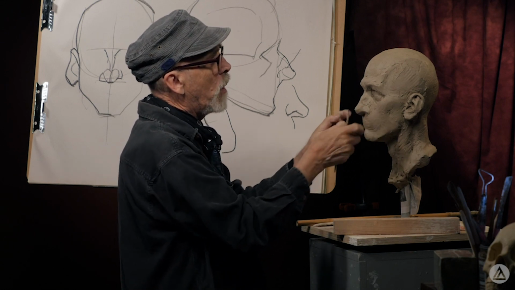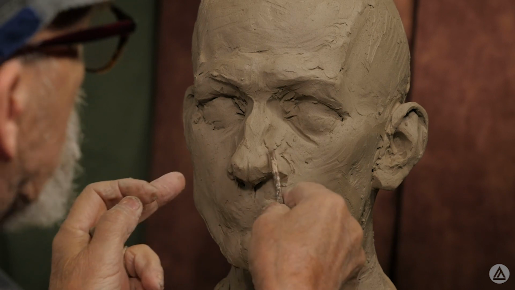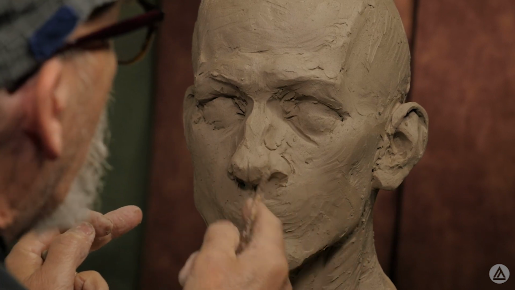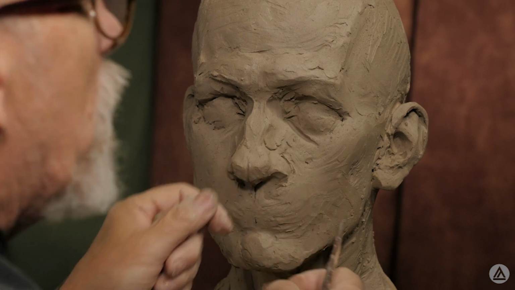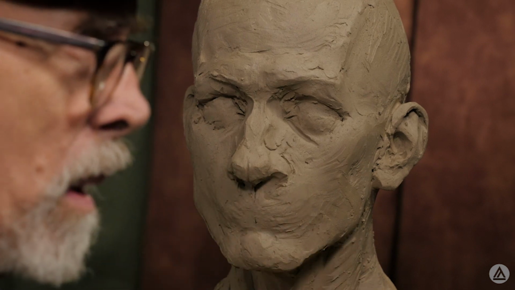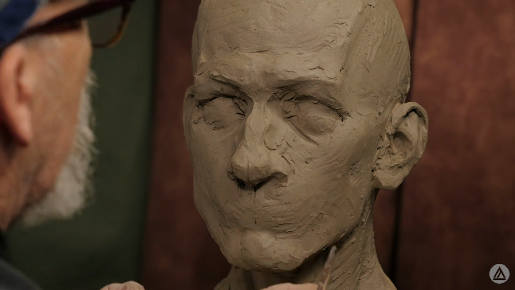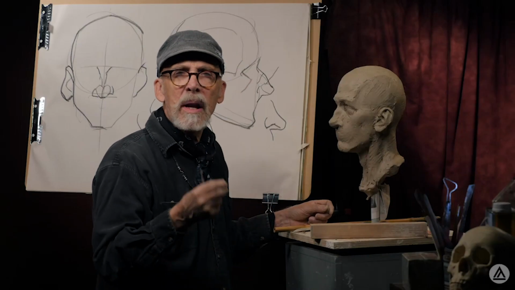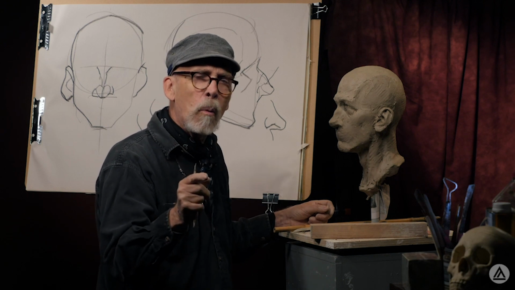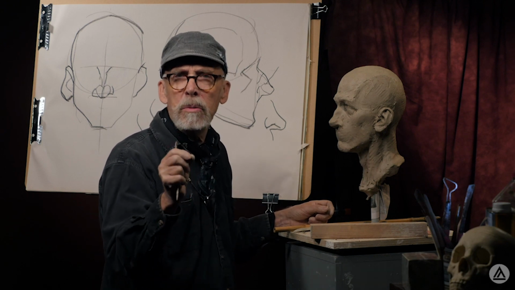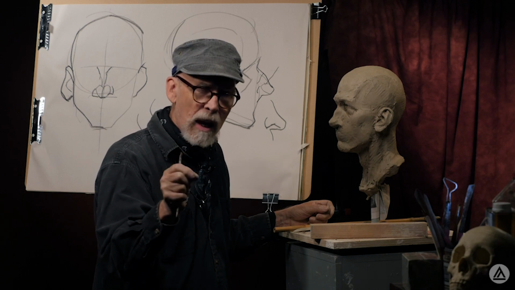I would look for these little curves that go around the alar. These are all distinctive little things that some of us have that are very subtle, but every sitter is going to have features that are unique to them. I'm looking for that one or those unique features, and then I'm going to highlight them and accentuate them.